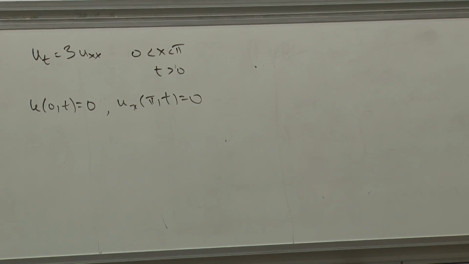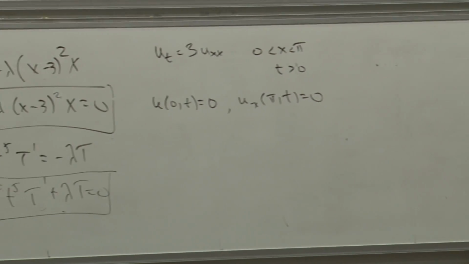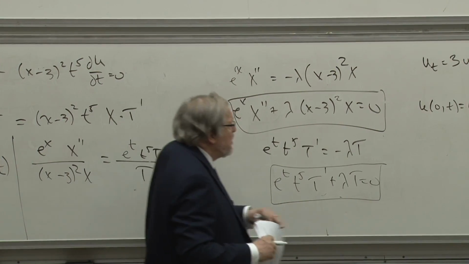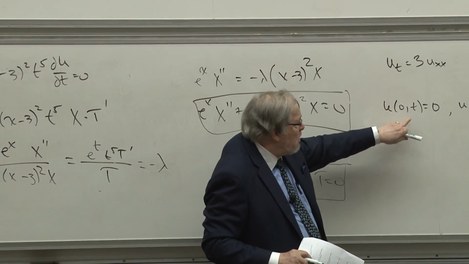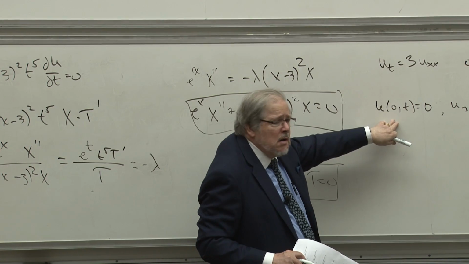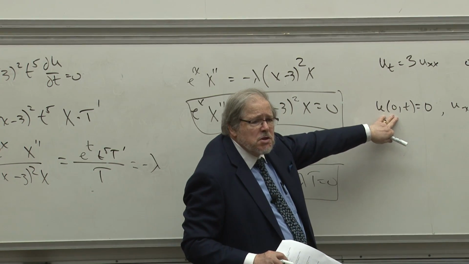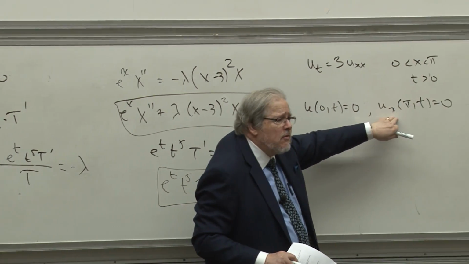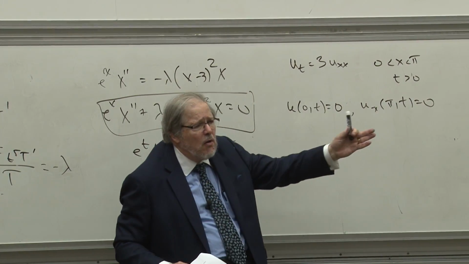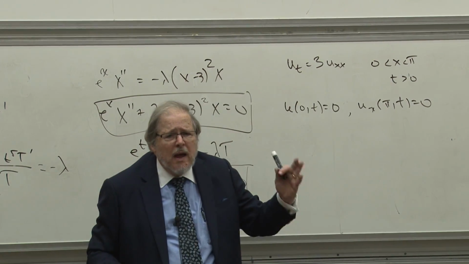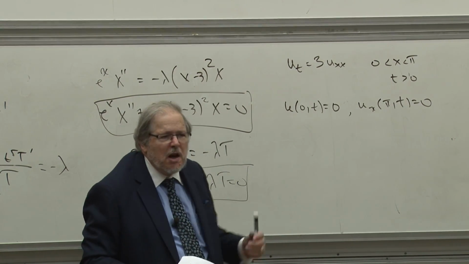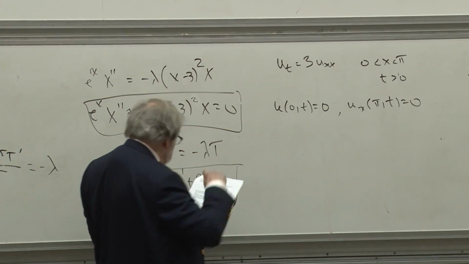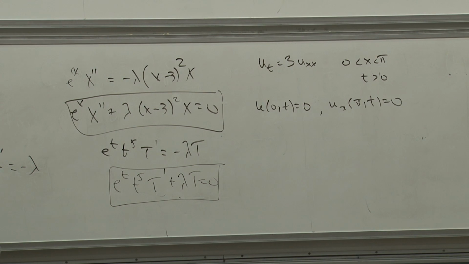Think of this as a wire with nice thick insulation around the length of the wire, and then things that happen at the end. The boundary condition saying u at 0 and t is 0 says that end of the wire or rod is being kept at a constant temperature. The boundary condition that the partial derivative is 0 says that there's no heat flowing in the lateral direction at the end. That really corresponds to having insulation at that end. So these have physical meanings. U sub x is what it is. Let me not write it down here because I don't need it for a while.